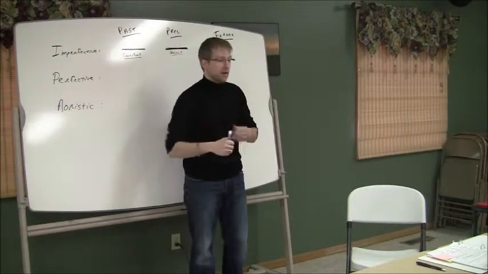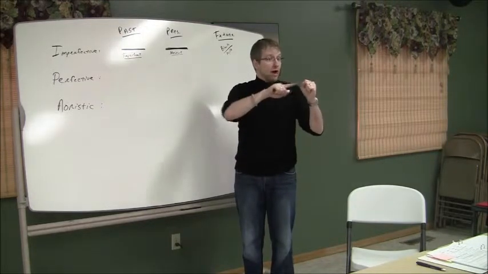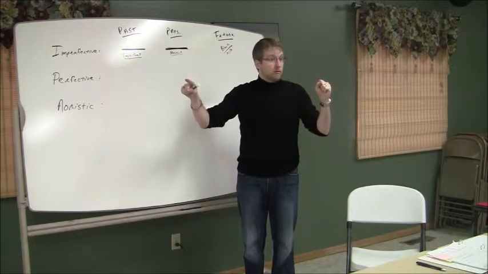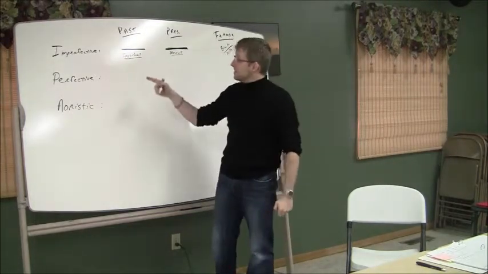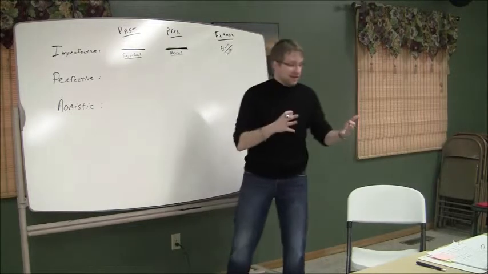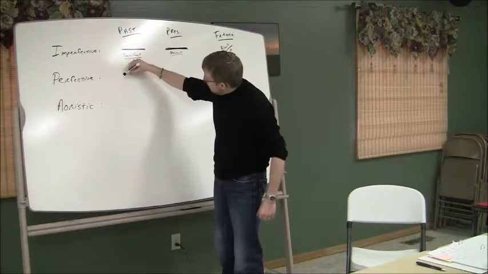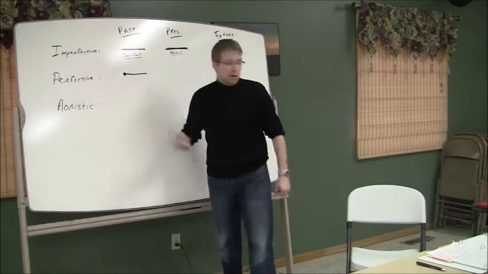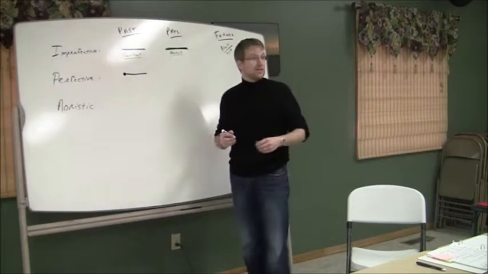Now, let's go to the perfective aspect. How do I draw that out, you guys? It's the dot with ongoing results that impact into the future. Now, this perfective aspect in the past tense is going to be a dot with a line, and we call that a pluperfect. You can look on the sheet.